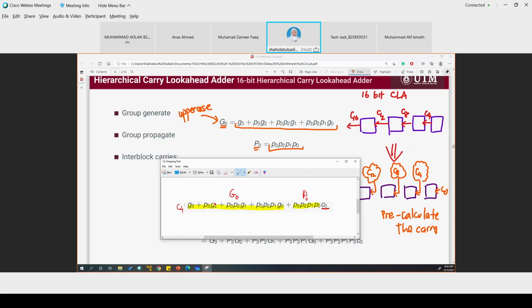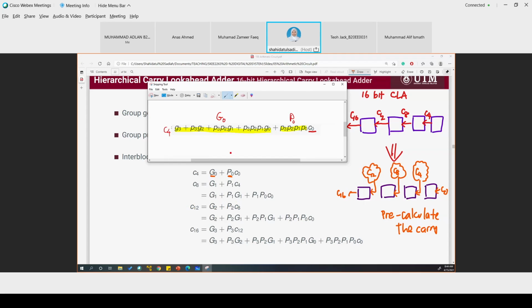So from C4, we group this part as G0 and this part as P0 so that we can have the equation back, which is G0 plus P0 times the carry. Okay? And the carry that we want here is only carry 0, the carry that we know from stage 0, okay? We know from the beginning.